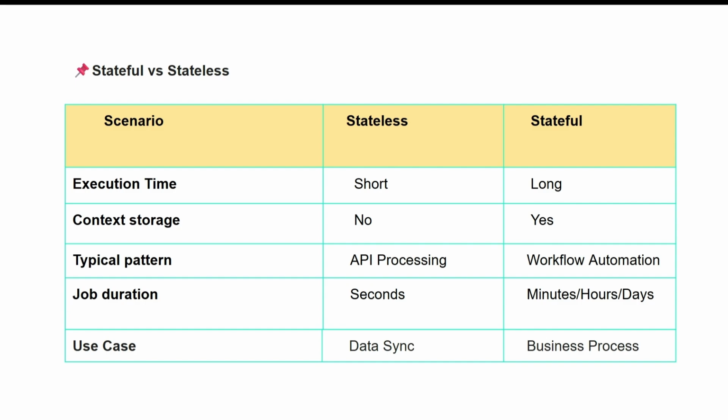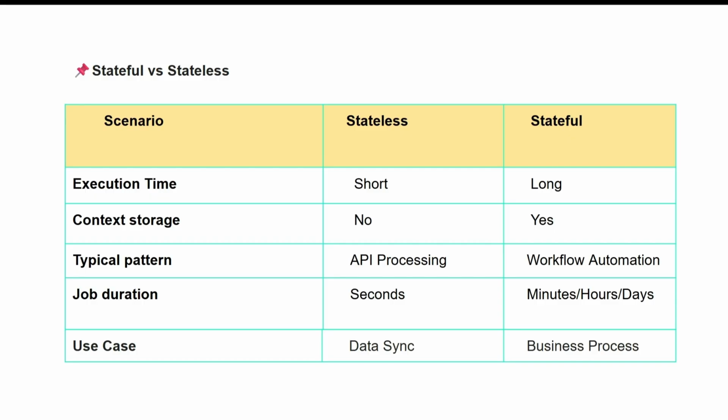Let's understand with a scenario-wise comparison. Execution time wise, stateless is very short, and stateful is a longer process compared to stateless. For context storage, in stateless we need not store anything, but in stateful we need that. The typical pattern for stateless is API processing, while in stateful it's workflow automations.